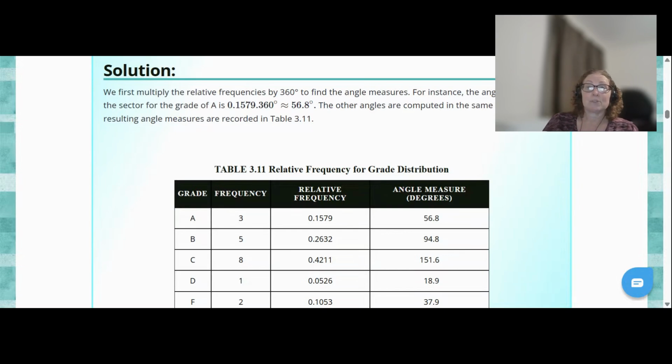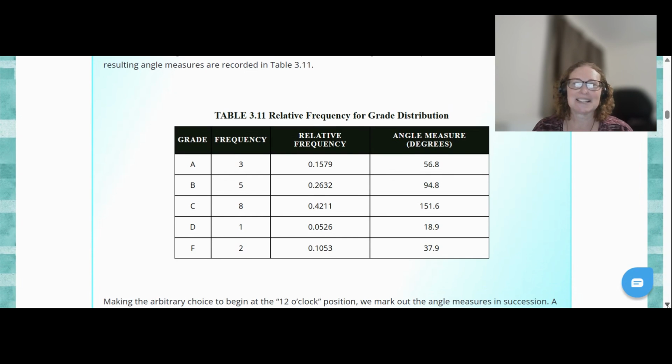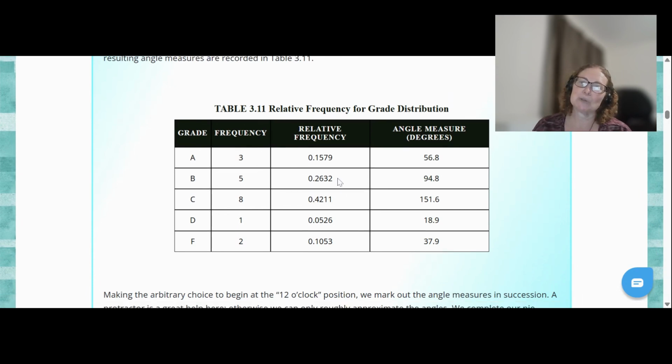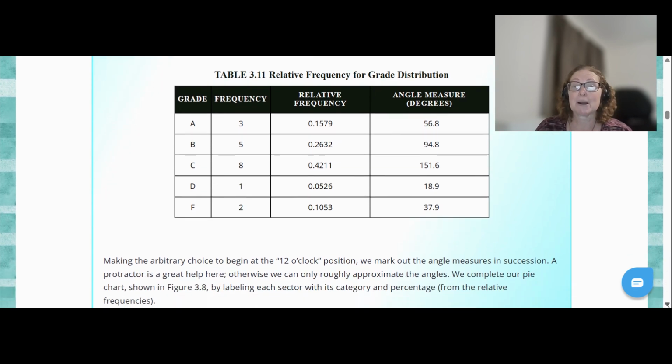So if we did 0.1579 times 360, we're going to get approximately 56.8. And you can see as we go down, it's the same thing. 0.2632 times 360, you get about 94.8. Again, these are going to be approximate.